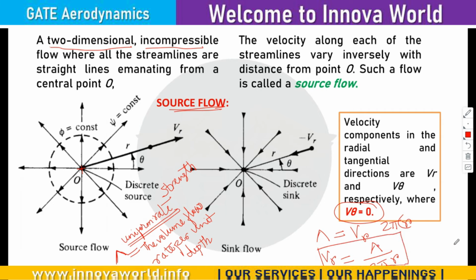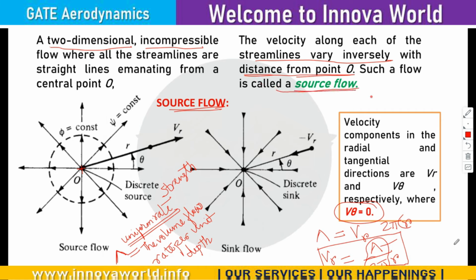Now if the strength of the source is constant and 2 pi is obviously constant, then we can state that the velocity along the streamline is inversely proportional to the distance from the point O. And that kind of flow, when they are inversely proportional, is also known as a source flow.